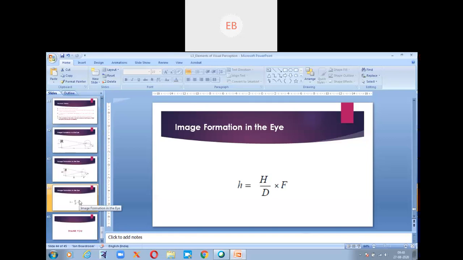That is, how the original image has been formed, because the eye perceives a particular distance or height of the image, but the actual height is different. So these were some of the basic concepts.